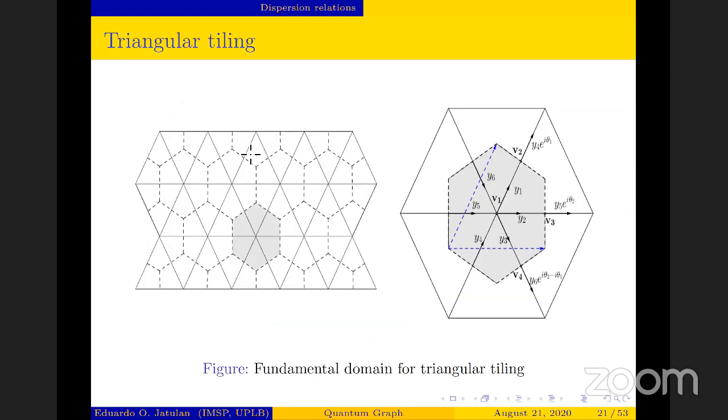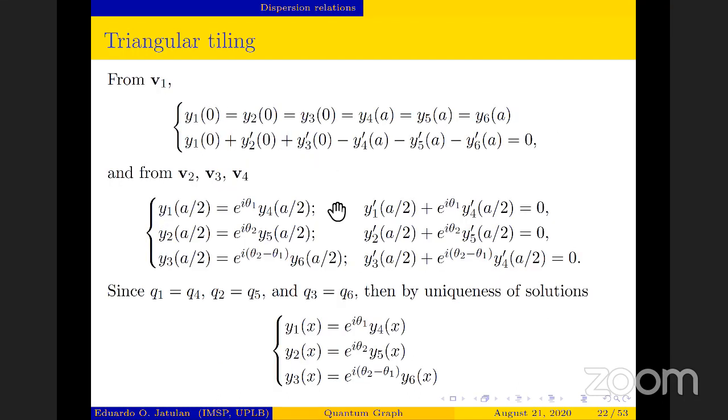Locally we parameterize, meaning that locally we have 0 to A. And our assumption for our triangular tiling is that all the edges are the same, with length A. So we have the Kirchhoff and continuity conditions, and also for vertices 2, 3, and 4.